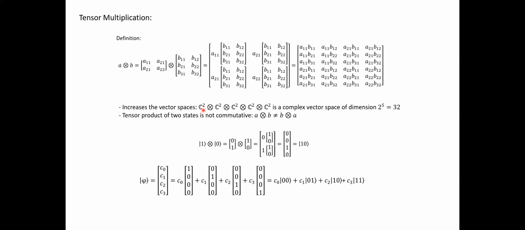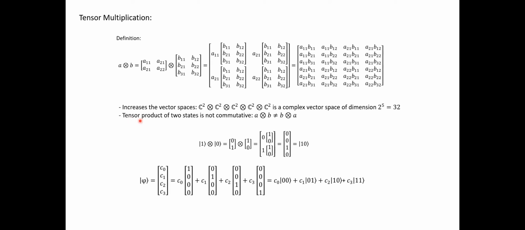If we perform the tensor multiplication of just 5 qubits, it will have a dimension of 32 by 32, which is a huge matrix. And if we keep going to 10 or 20, it increases almost exponentially. So that's basically why we cannot simulate quantum mechanics in classical computing.